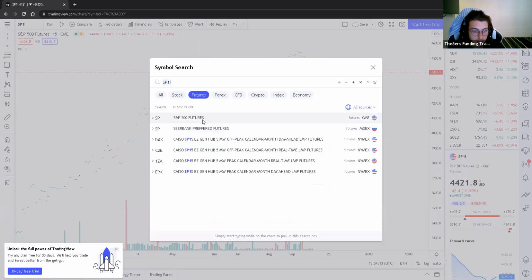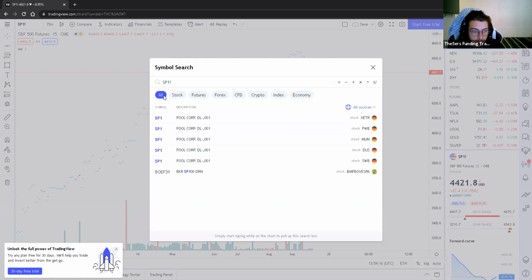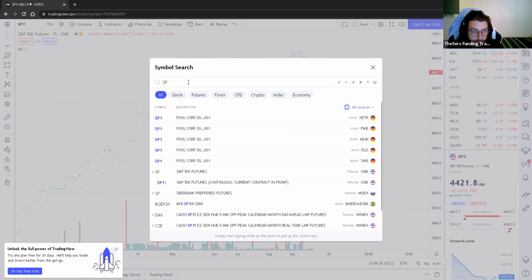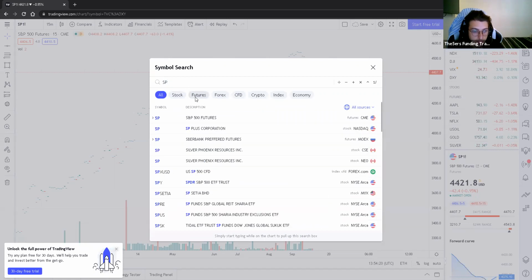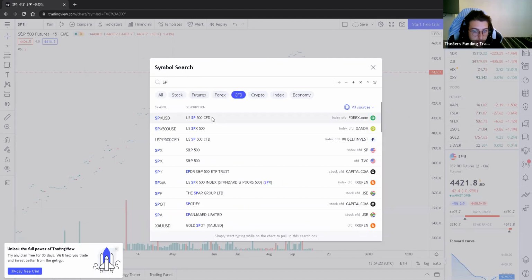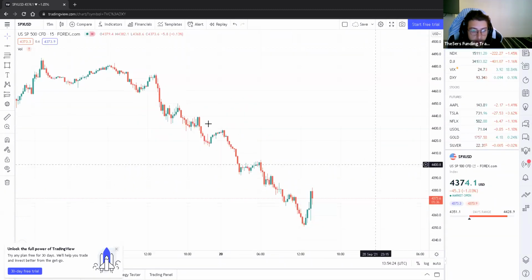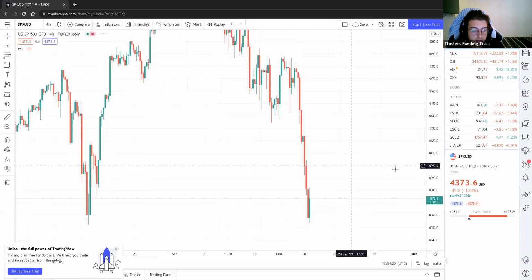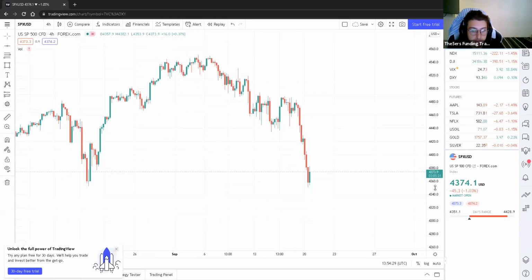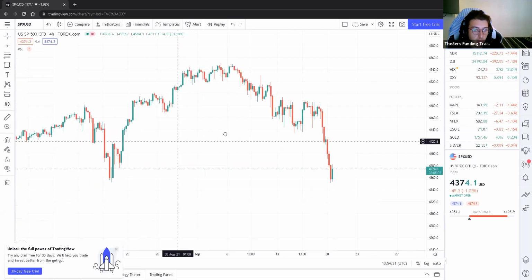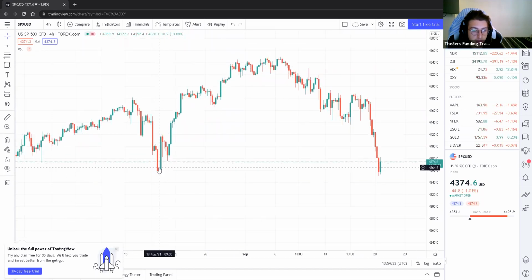No, it's this. Look at the CFD, it will be the same. Okay, the stock market is reacting to this demand here. This is the S&P.